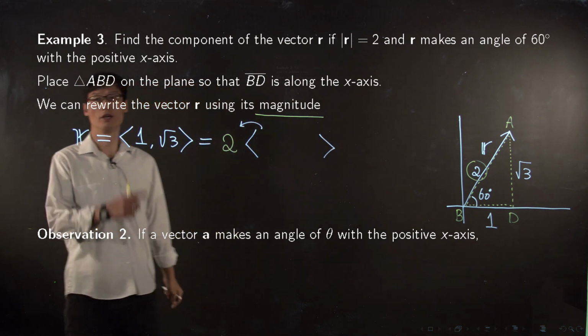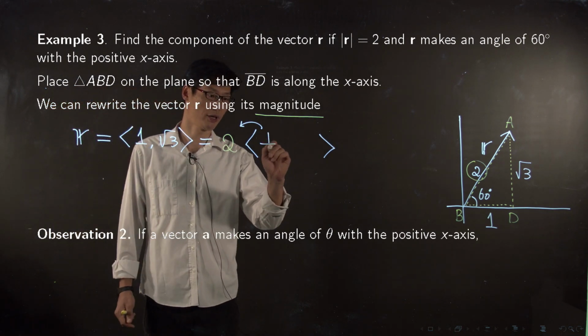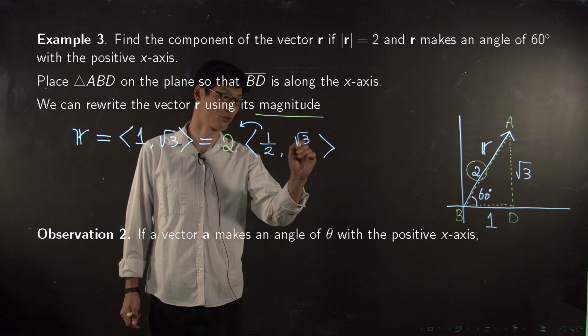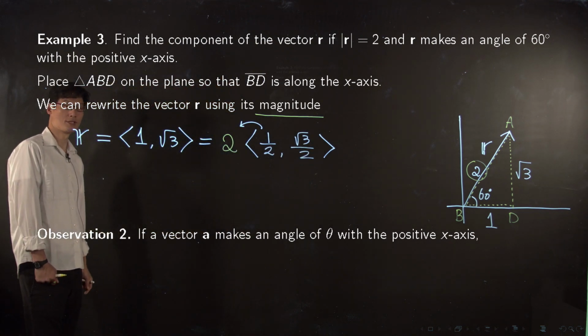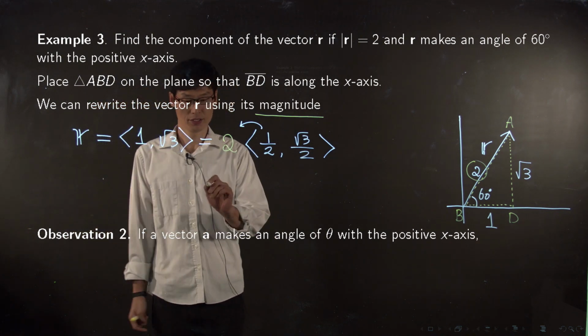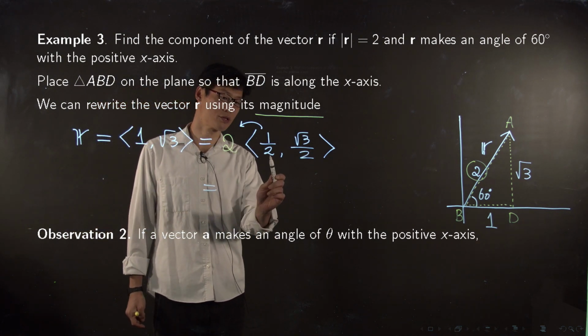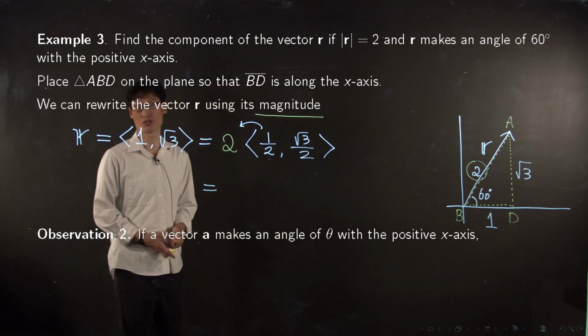Actually, you're taking this 2 out. What's left is 1/2 and square root 3 over 2. Good. So once you take this out, you can express those components in terms of trig functions.